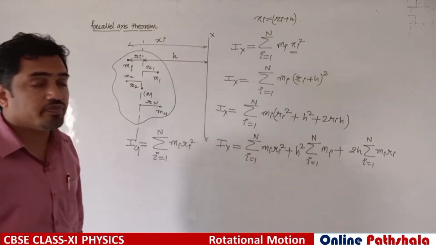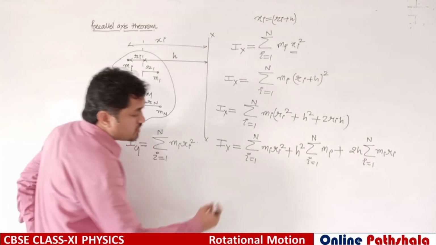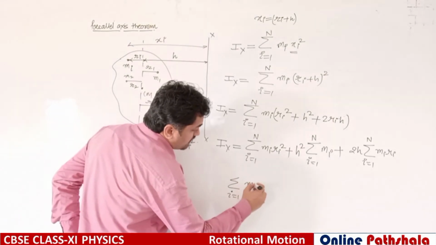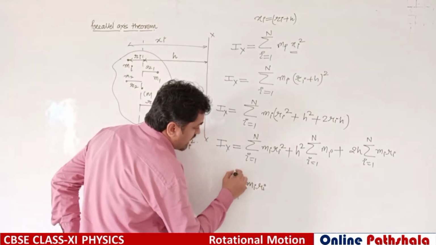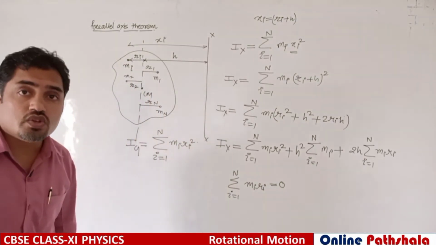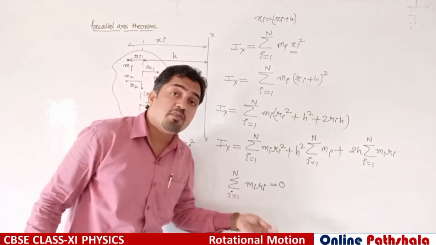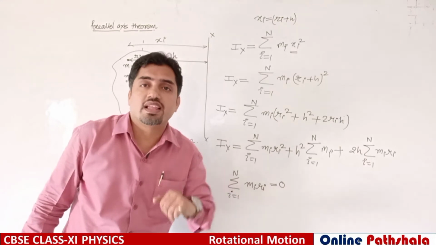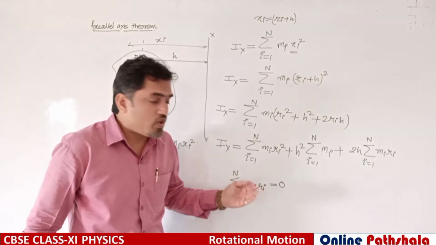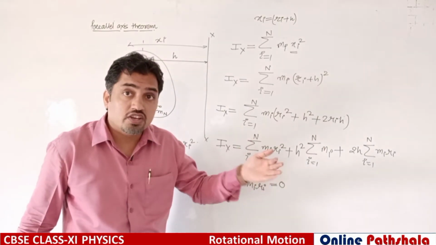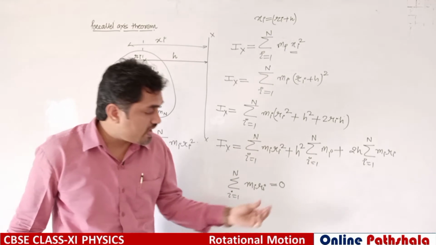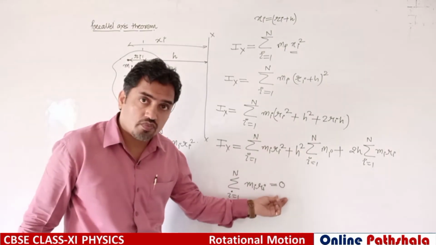This is the expression. Now what we can do? The summation of mi ri from i equal to 1 to n is equal to 0, because it is the moment of mass about the centroidal axis, which is equal to 0. If there is a positive value of r, there should be a negative value of equal length also. That is why it is equal to 0.